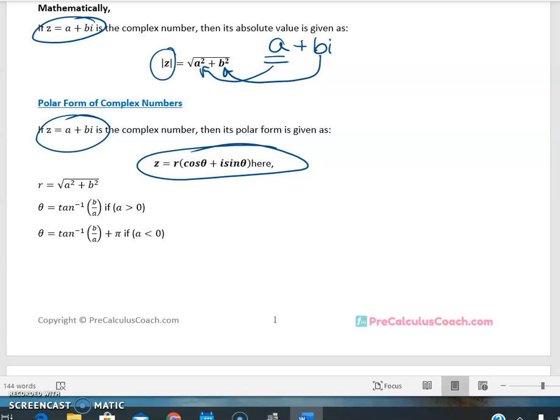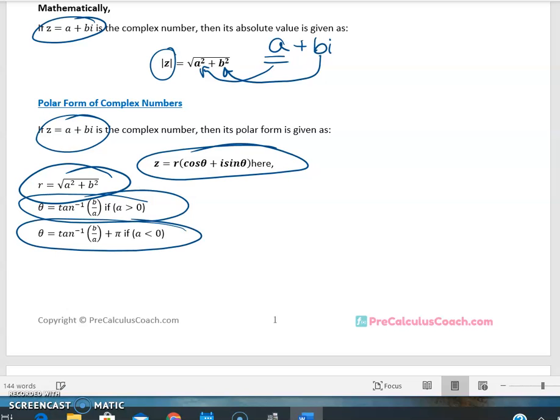To find our r, we're going to use the square root of a squared plus b squared, which is really the absolute value of the complex number. And then depending on whether a is greater than 0 or a is less than 0, we're going to use one of these: tan inverse of b over a to get theta, or tan inverse of b over a plus pi to get theta. It just depends on whether a is positive or negative.